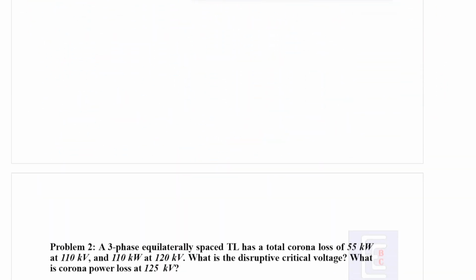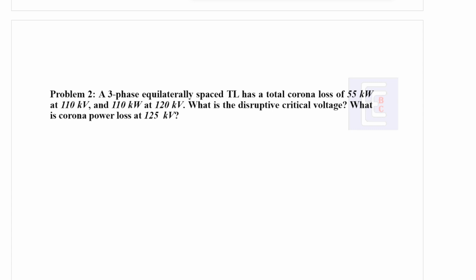We have another problem. A 3-phase equilaterally spaced transmission line has a total corona loss of 55 kilowatt at 110 kV and 110 kilowatt at 120 kV. So what information we are having?